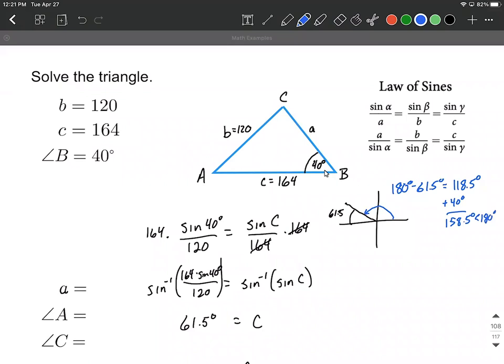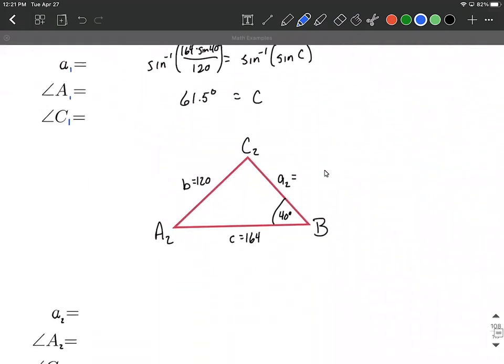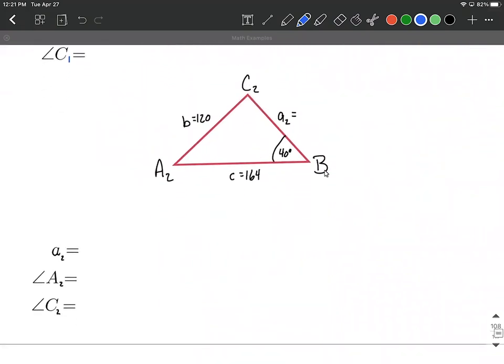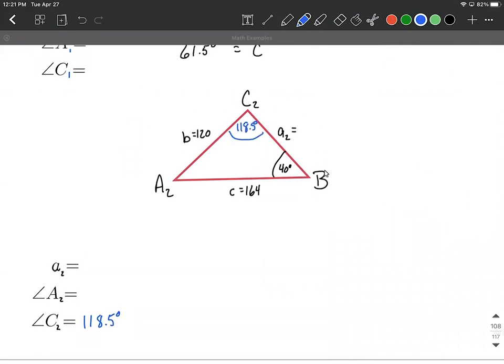So I'm going to signify this first triangle using sub ones, and I'm going to create a second triangle using sub twos. Angle C is going to be that 118.5 that we calculated in the second quadrant. So 118.5 degrees for the second triangle.